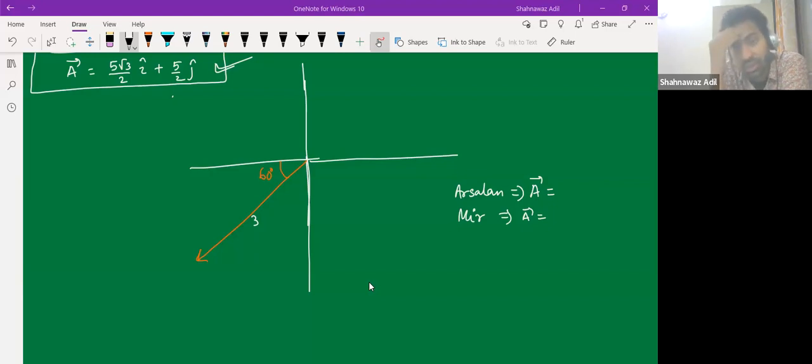Sir, A vector will be X i cap plus Y j cap plus Z k cap, right? Yeah, but the Z component is not here, right? Yes, sir. So that would be simply A_x i and A_y j. But you have to figure out what they are.